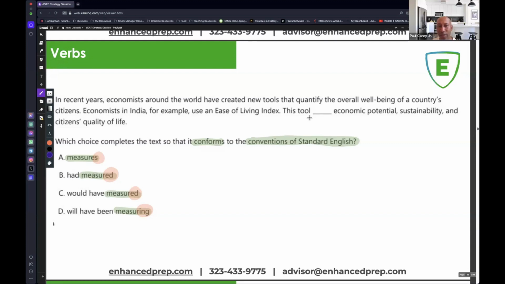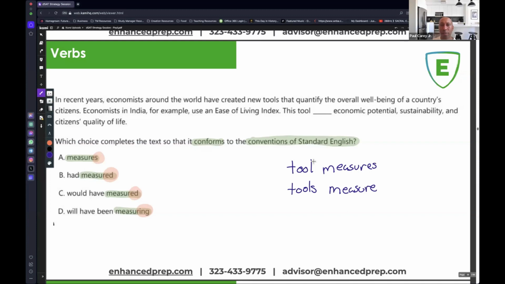That means that it's going to measure something, or measures, right? So if we think about those words, we use tools. So if we have tool versus tools, our plural versus our singular. So our tools measure, and a tool measures.